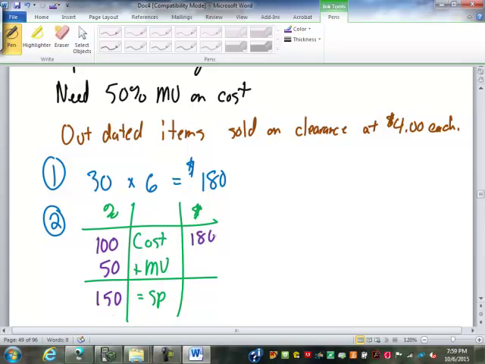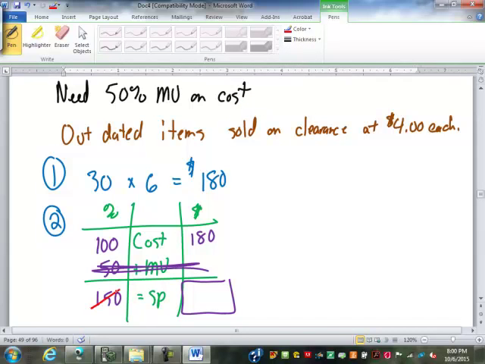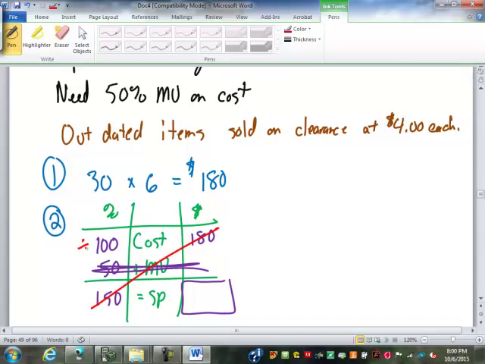And we have the 180 going in the cost. We want to find the dollar selling price, so I can cross out the markup. So 150 times 180 divided by 100 is going to be $270 that we require from those items.